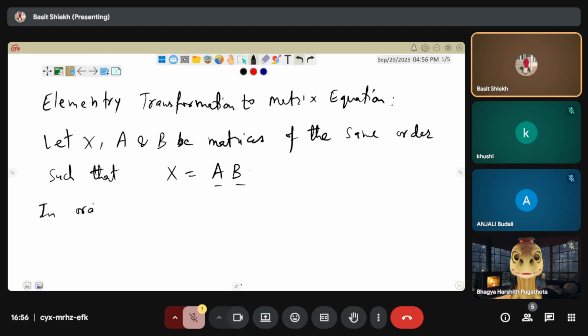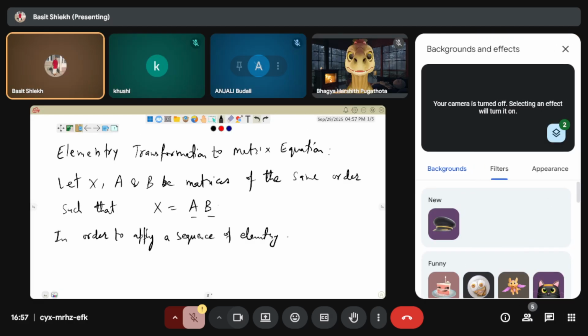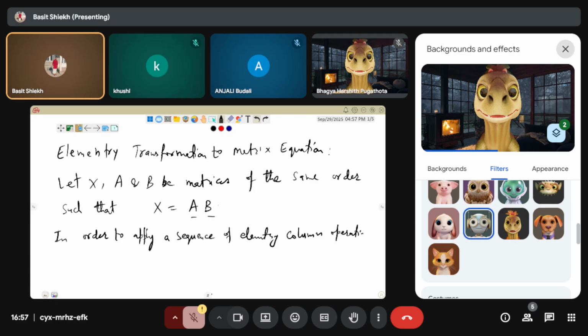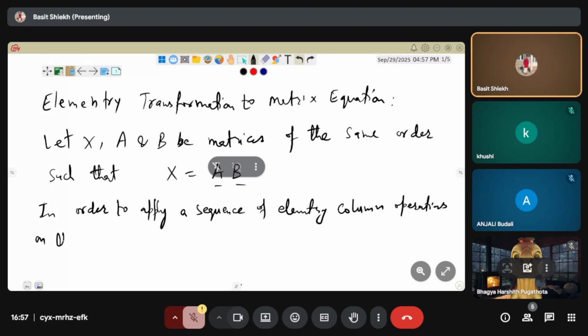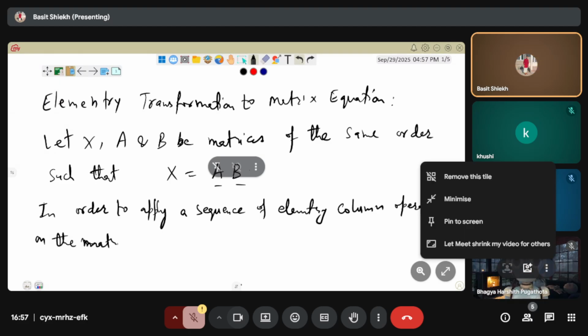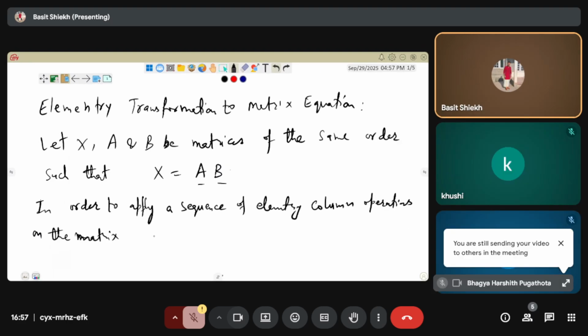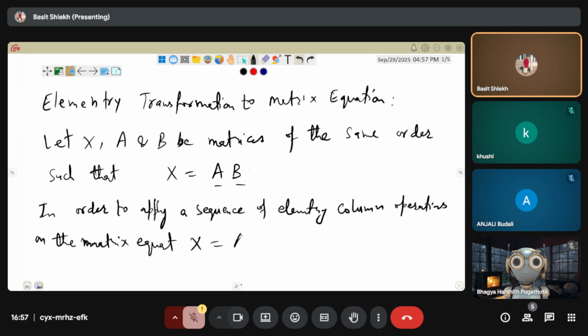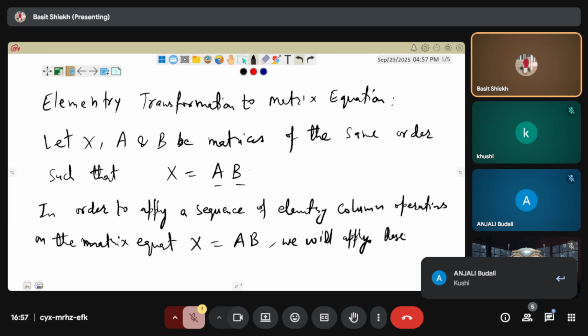In order to apply a sequence of elementary column operations on the matrix equation X equals AB, we will apply this.